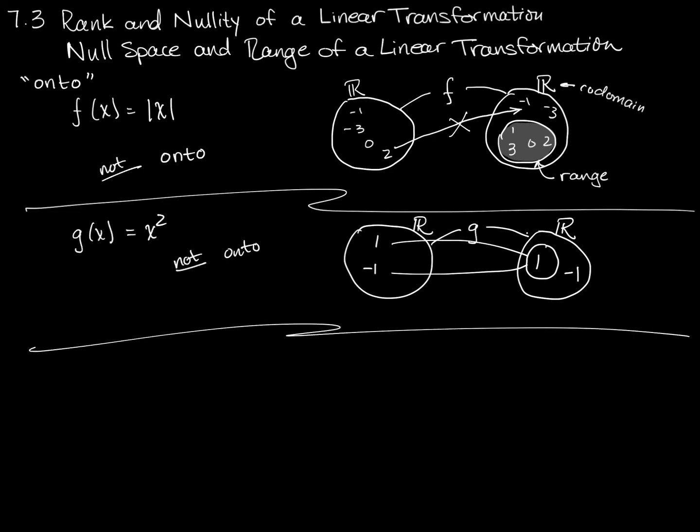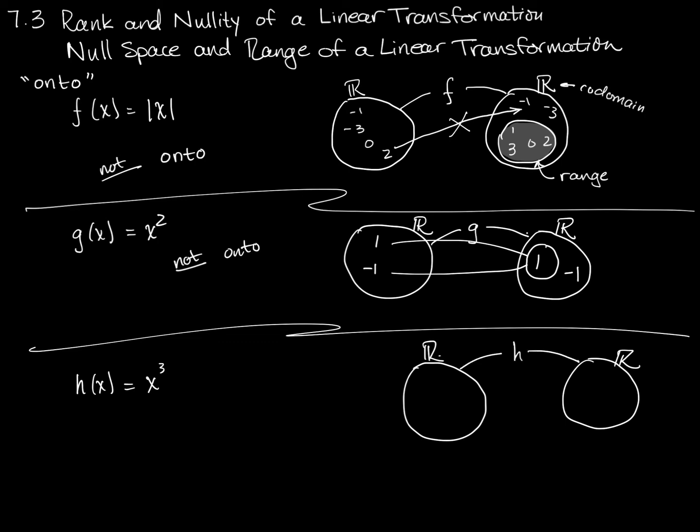But our new favorite function, h of x equals x cubed, that one is onto. Because there's my domain, there's my codomain. The function is going to go from there to there. If I take a -1 and cube it, I get a -1. If I take a +1 and cube it, I get a +1. A -2 goes to -8.